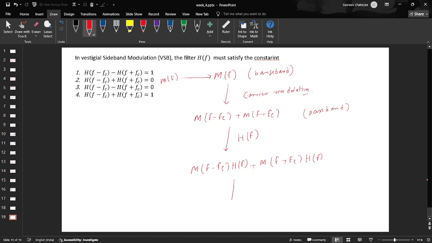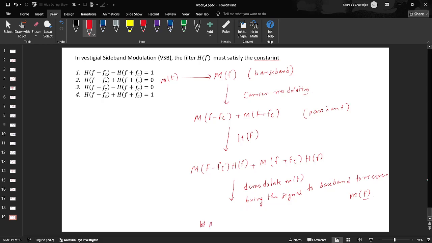Now you need to demodulate m(t). That essentially means bringing the signal to baseband to recover the original spectrum M(f). How do we do that?